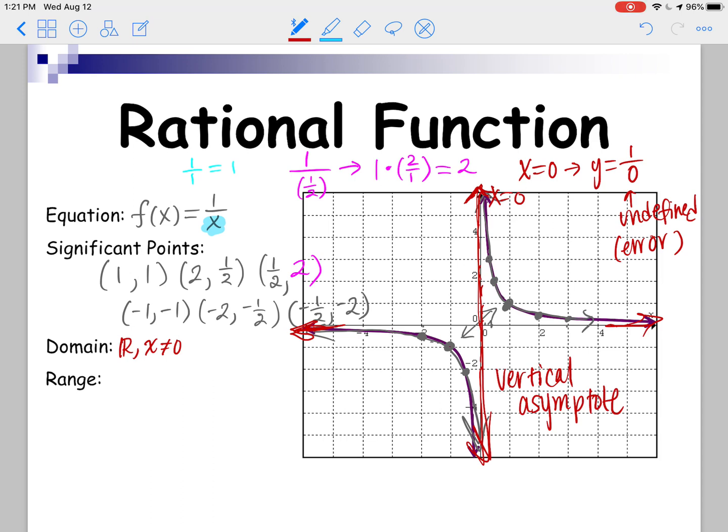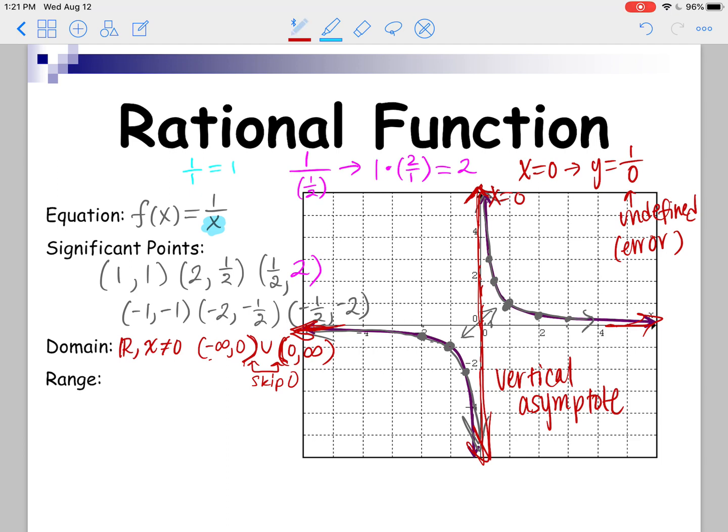The way we write this in interval notation is we can go from negative infinity to 0, parenthesis, union with 0 to infinity. We skip over the 0. We talked about how to exclude an element from the domain in our interval notation notes. So negative infinity to positive infinity, but we just skip 0. And using these parentheses instead of brackets shows we don't actually equal the 0.